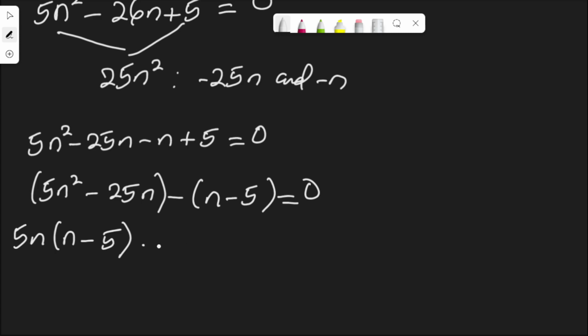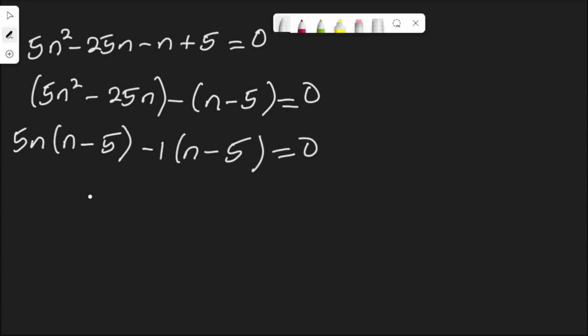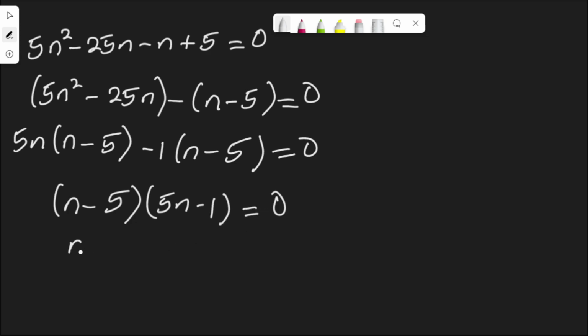In the second bracket, negative 1 is common, n minus 5 equal to 0. n minus 5 is common, so pick 1. Then group this and this together: 5n minus 1 equal to 0. It's either n minus 5 is equal to 0 or 5n minus 1 is equal to 0.